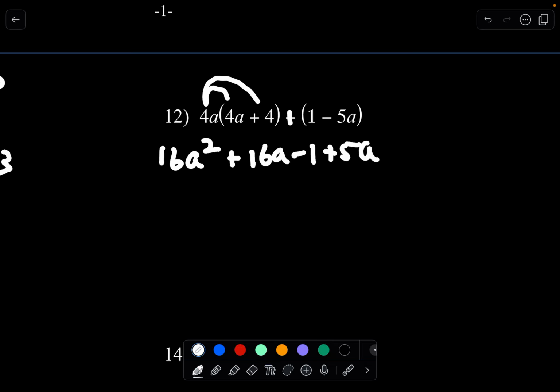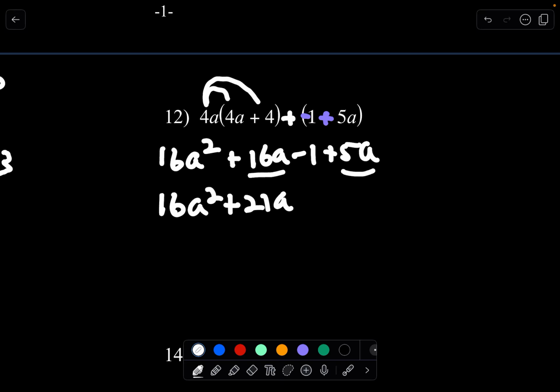So I make this plus, but then I switch the sign of each of the inside terms. So now we have plus a negative 1 and then plus 5a. Either way will get you the same result. So now combine like terms, and you have a 16a plus a 5a, which is 21a minus 1.